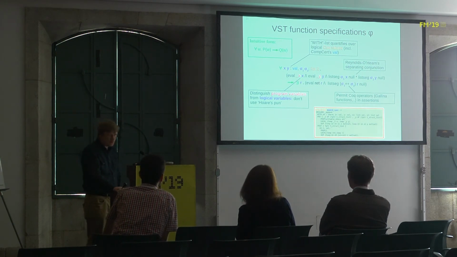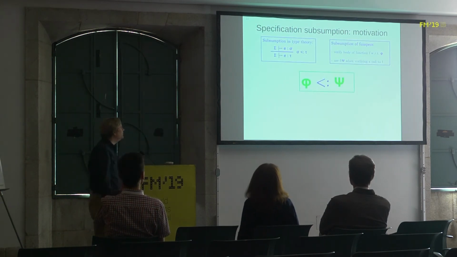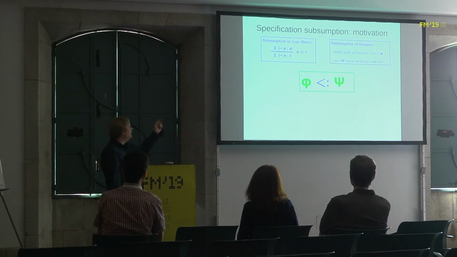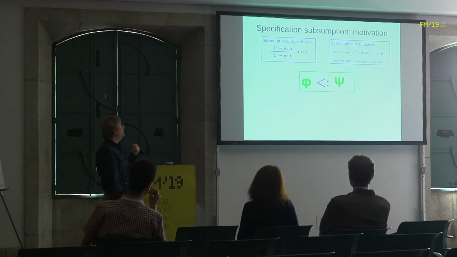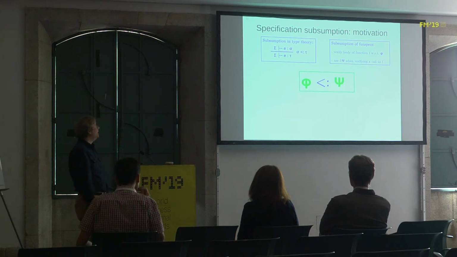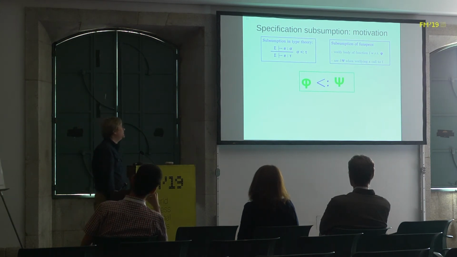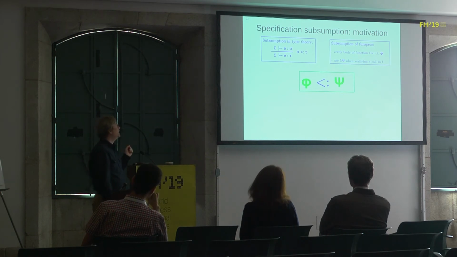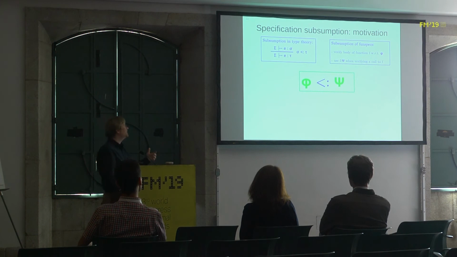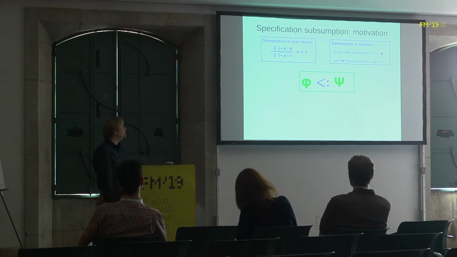So let me now briefly say what motivates this subsumption, which we write with a less than colon equal, relating a specification phi on the left and psi on the right, and it is following the principles that were developed in type theory, where you also have a notion of subsumption, typically involving expressions with different types, sigma and tau, and they allow you to prove that an expression has type sigma, but then use it at various places as if it has type tau, providing this subsumption relation holds.